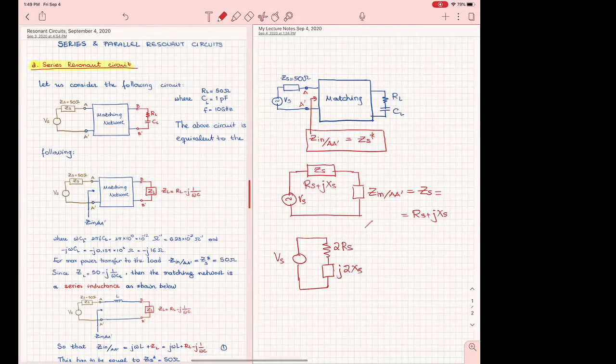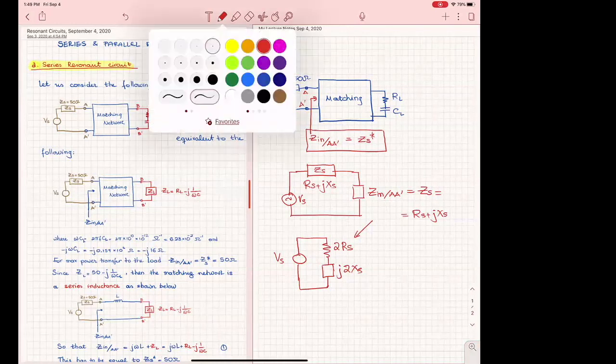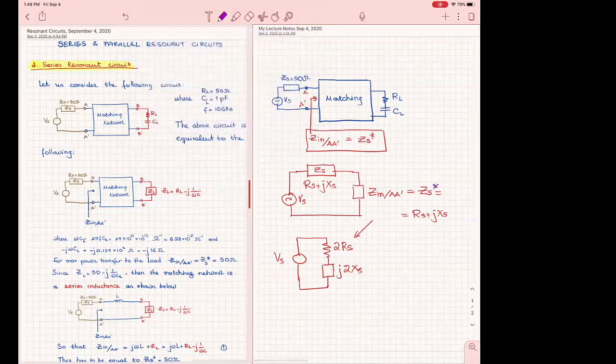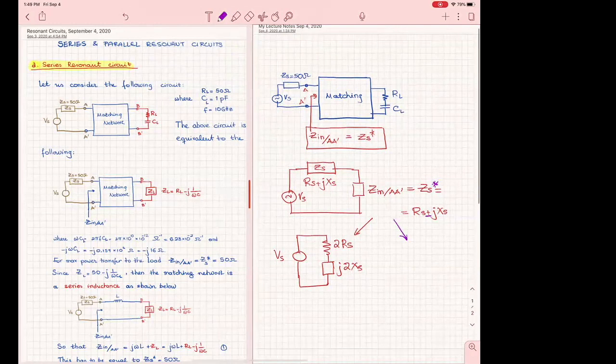It is only achieved when there is a complex conjugate here, which makes this one minus jXs, and which is going to lead into this configuration.